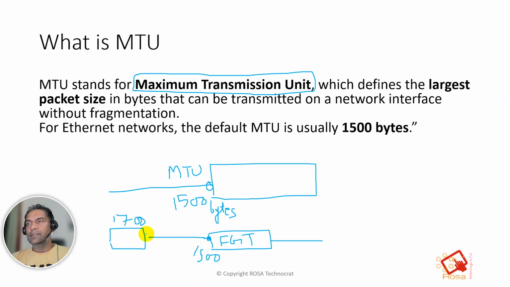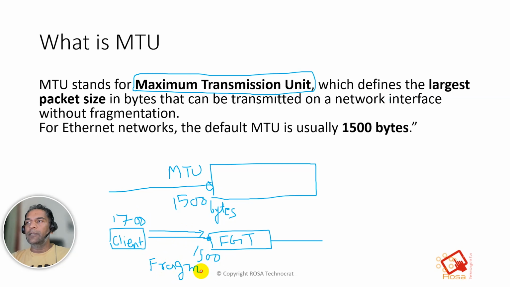In this case, whenever this traffic is sent from a client PC or any device on your network, once it reaches the FortiGate and it checks the size of the packet, and the packet is greater than the configured value, then this packet will be fragmented. What does fragmented mean?